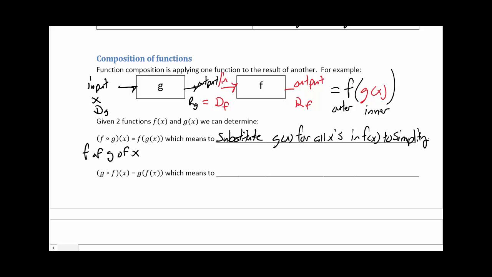Okay, g of f of x, which is what that bottom one says, means we're going to substitute f of x for all x's in g, and then we're going to simplify.